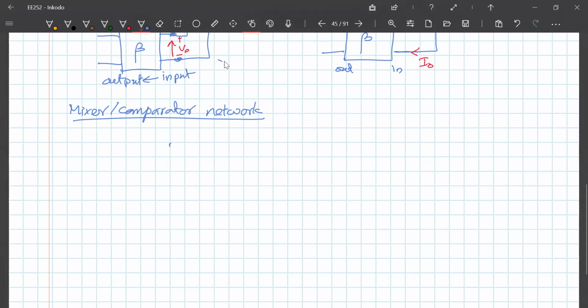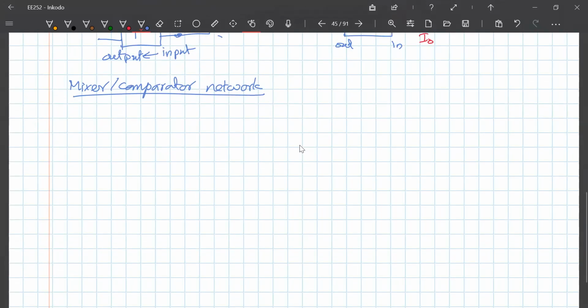Again, my input can be a current or a voltage, and that depends on what you have to subtract. If your input is a voltage, you have to subtract a voltage from the input. You can't subtract a current from a voltage, right? So if your input is a voltage, the output of the feedback network, the beta network, has to be a voltage. Even if your input is a current, you have to convert it into a voltage.